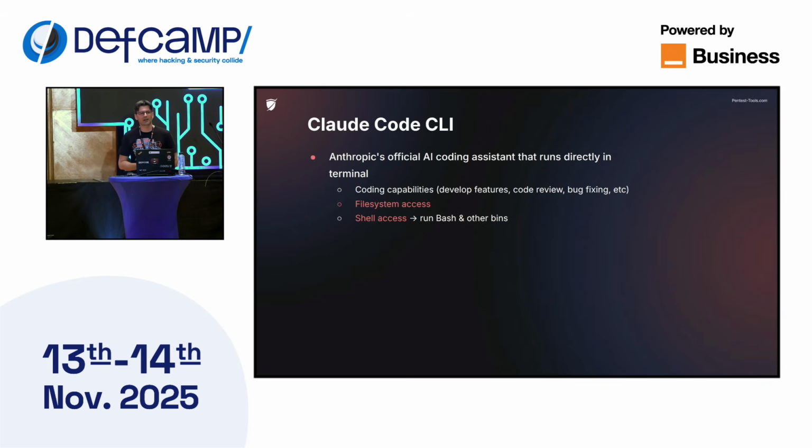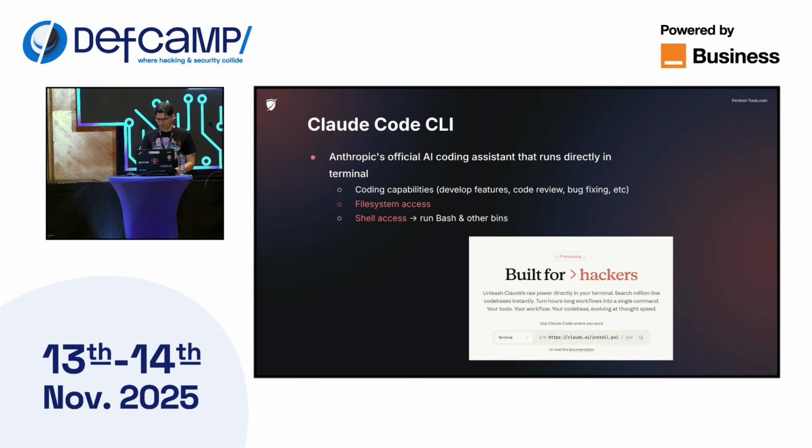But the nice thing about it is that it has file system access, and it can also execute commands on the operating system. So why not use it for pen testing and other security testing activities? And fun fact, they state on the website that it's built also for hackers.